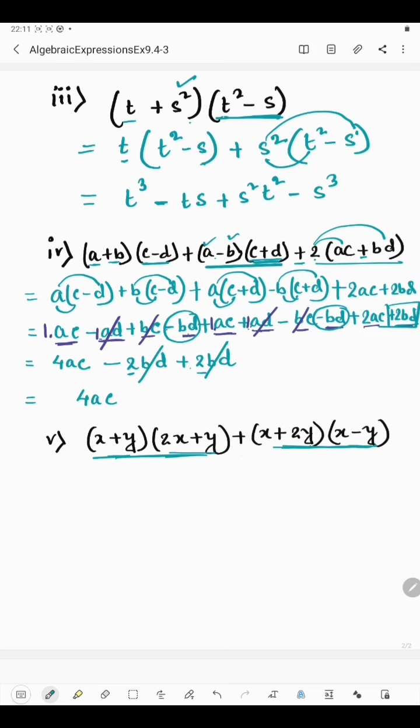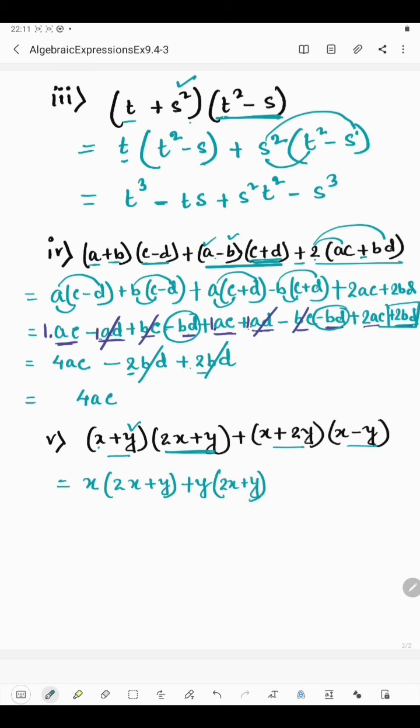Okay, so at first we will multiply the binomials. So we will take the first term of the first expression, x, and multiply it by the second expression, which is 2x plus y, plus we will take the second term, y, and it should be multiplied by the second expression, which is 2x plus y.